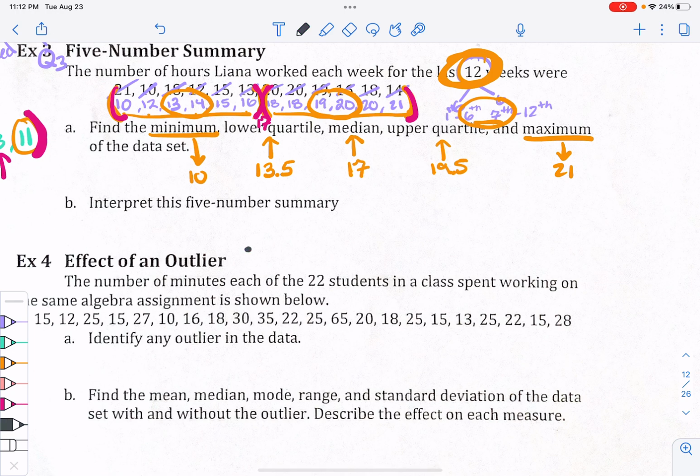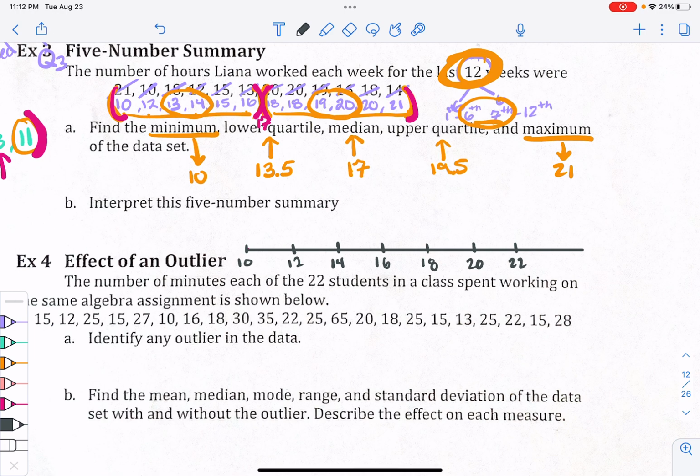I'm going to make a straight number line, and we'll go by 2s: 10, 12, 14, 16, 18, 20, and 22.